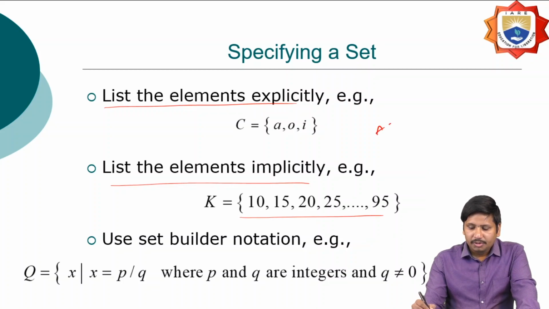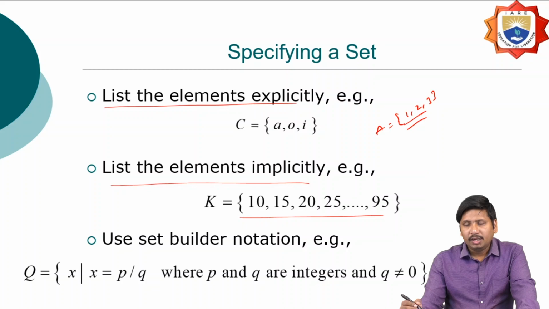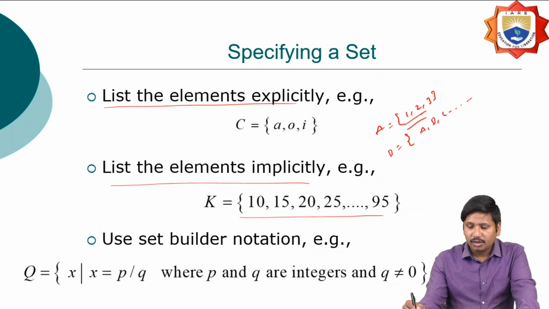If the set is very small, I can list the elements explicitly. Suppose there are more than 100 elements in the set, then I can represent it with dotted lines. We call this the implicit representation, and the other one the explicit representation.